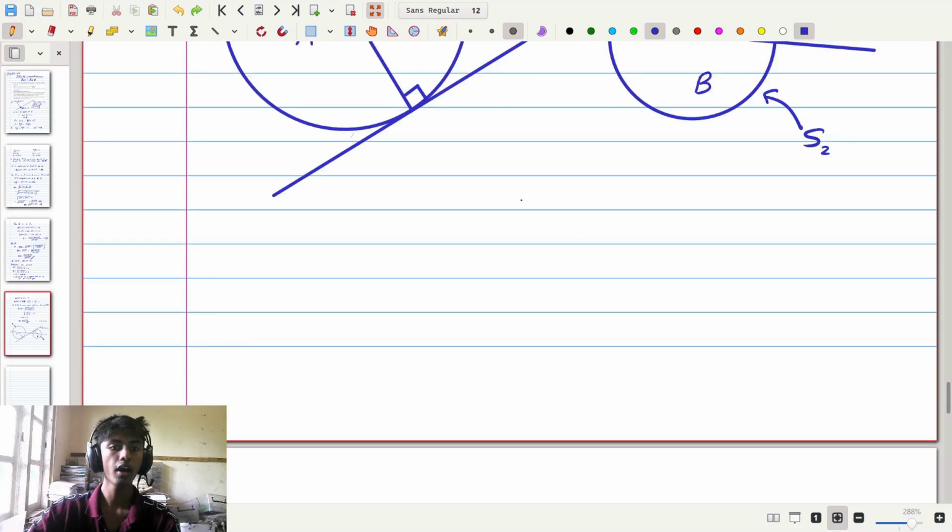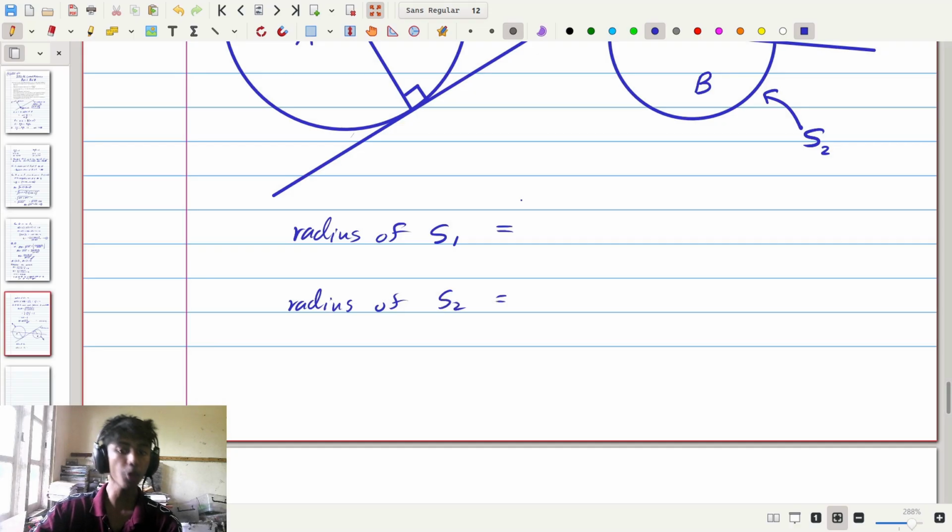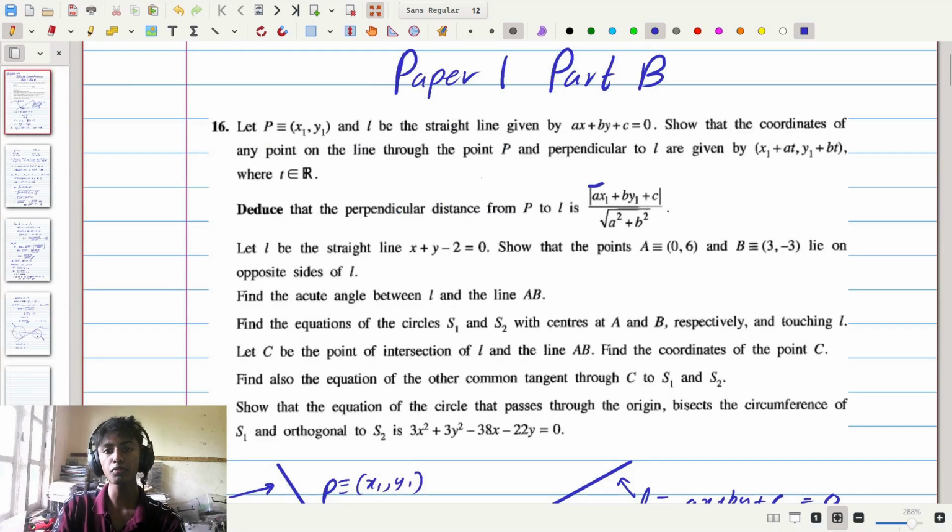So going down, I'm going to write radius of circle S1, and similarly, radius of circle S2, and I'm going to substitute in the formula that we found above. So the formula is equal to the modulus of ax1 plus by1 plus c divided by the square root of a squared plus b squared, where a, b and c are the three constants in the line L, and x1 and y1 are the two coordinates of our external point.